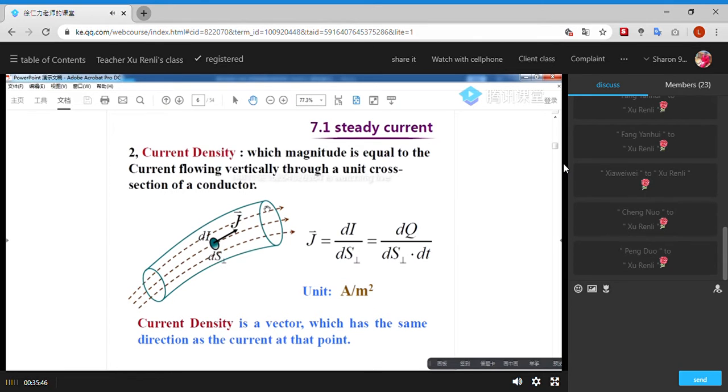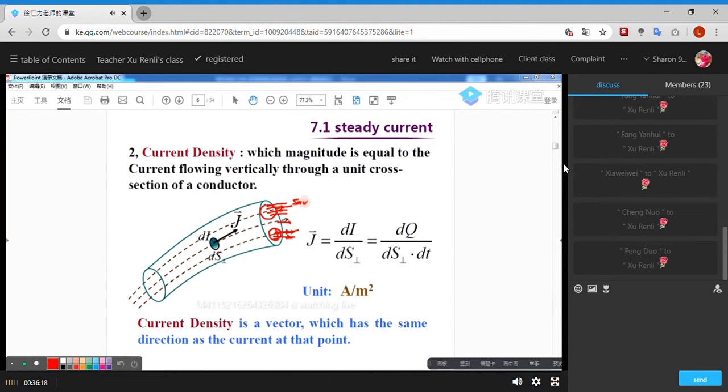Because in some conductor, the charge passing through this area is not uniform. Maybe in some part the charge is more, and in another part the charge passing through this area is very small.